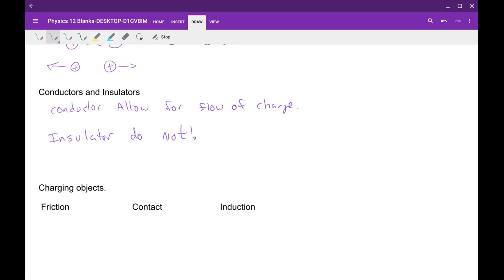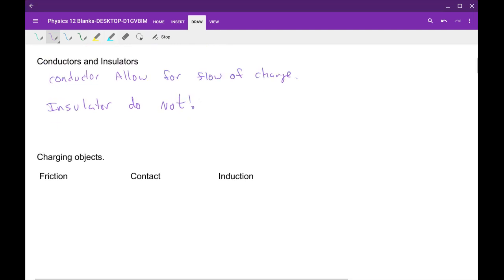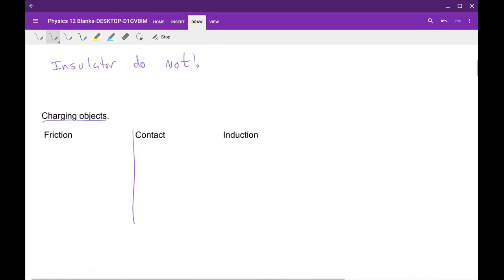And one way to produce an electric field is to charge an object, right? And so, how do you charge an object? Well, you can charge some objects through friction. So you take some neutral object and some other neutral object, and you brush them up against each other, and in the end, one becomes positively charged and the other becomes negatively charged.